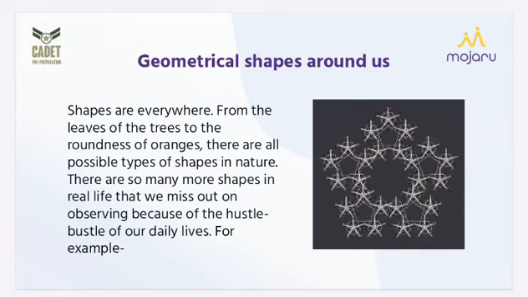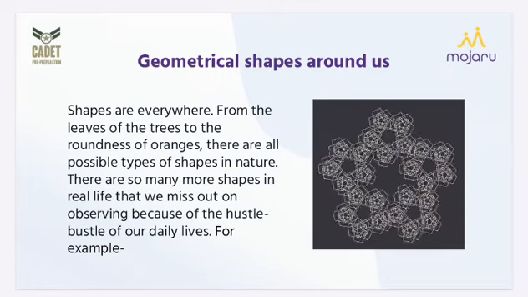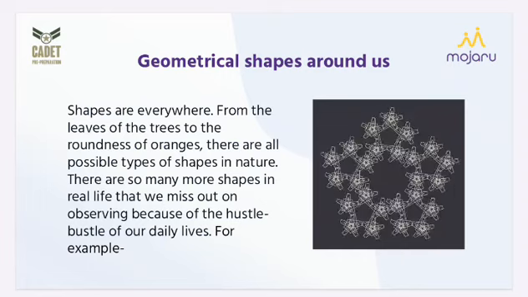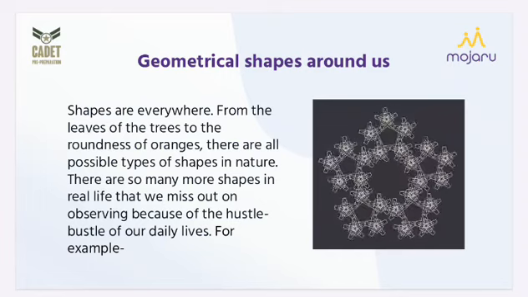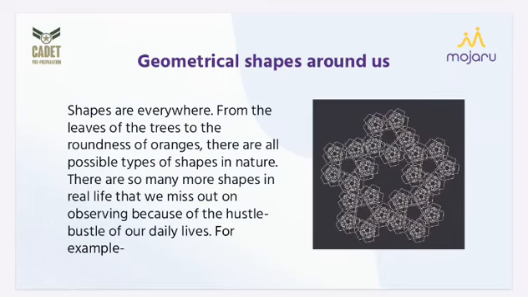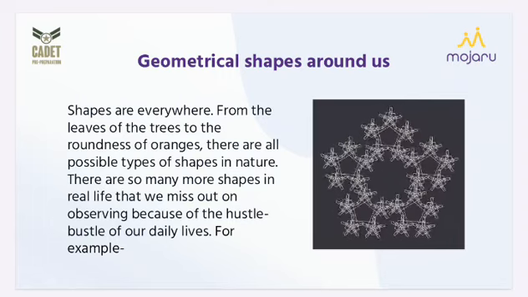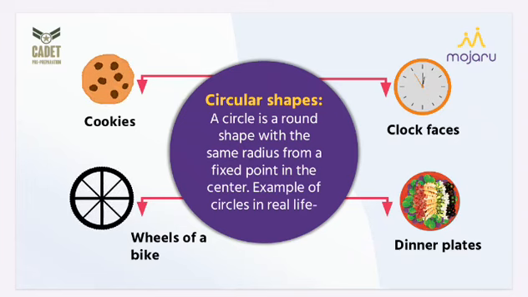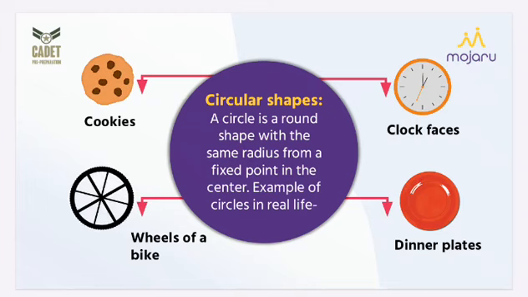Geometrical shapes around us. Shapes are everywhere, from the leaves of the trees to the roundness of the oranges. There are all possible types of shapes in nature. There are so many more shapes in real life that we miss observing because of the hustle and bustle of our daily lives. For example, circular shapes. We love to eat cookies, right?